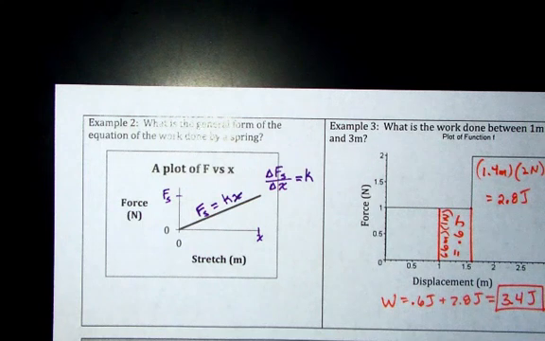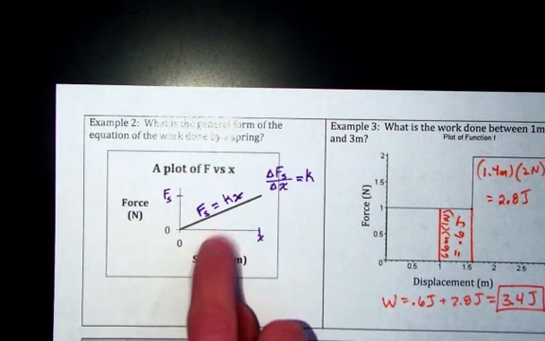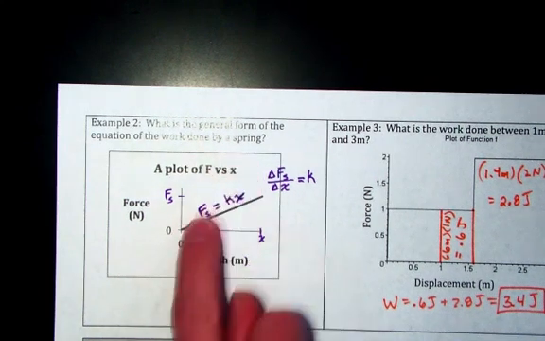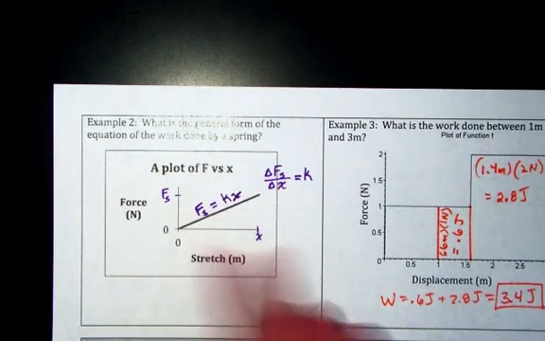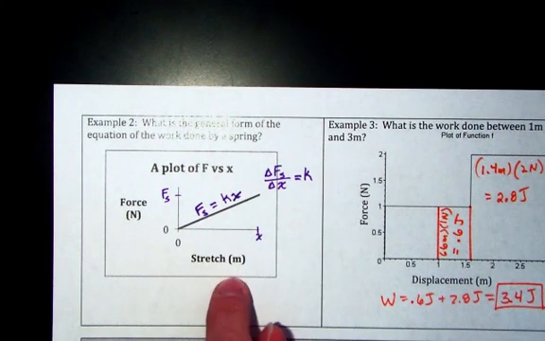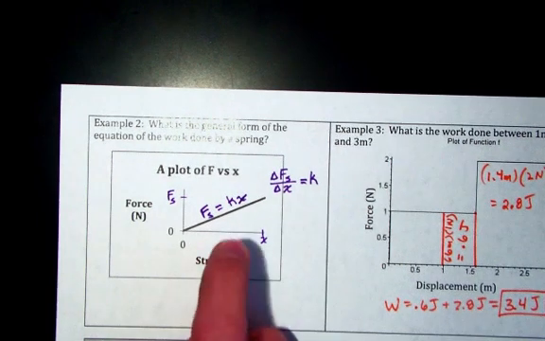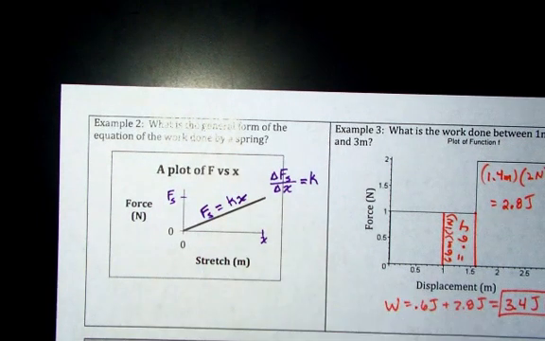What's easier to move, a thick spring or a thin one? A thin one's easier. So if I had a thicker spring, what would the slope of this look like? It would be steeper, okay? So when you're looking at force versus stretch, it takes more force to get the same amount of stretch on a thick spring versus a thin one.